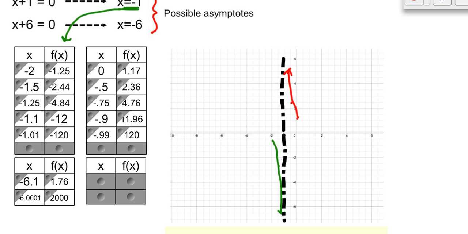So that tells me that as we get close to x equals negative 6 from the left side, we're going to go up to positive infinity. So there is indeed an asymptote there, and it's getting closer and closer and closer.